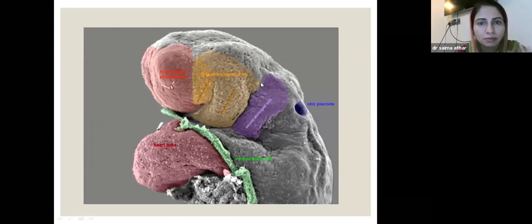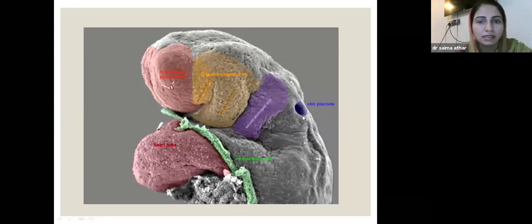But the appearance of the inner ear is actually a thickening within the surface ectoderm, and this forms a thickening which is known as otic placode or ear placode. This otic placode is a thickening of the surface ectoderm which forms a vesicle, and that vesicle then detaches from the surface ectoderm and is implanted inside.